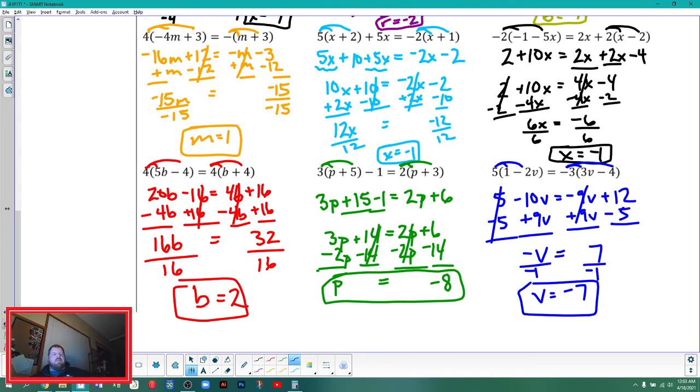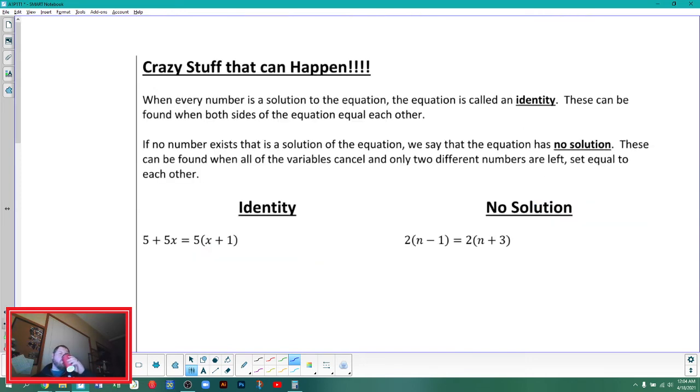So now we're going to look at some other things that can happen when we try to solve equations that have variables on both sides. These do come up every once in a while, and they're kind of special cases. So here we have a couple of definitions.